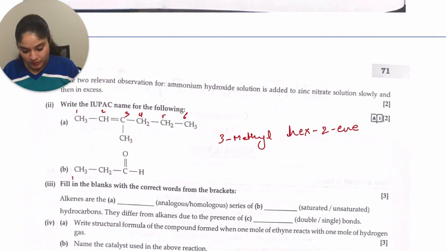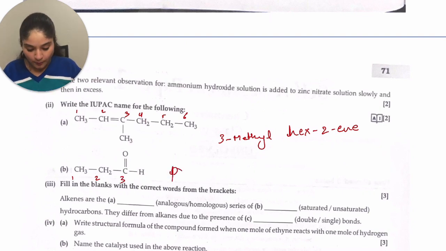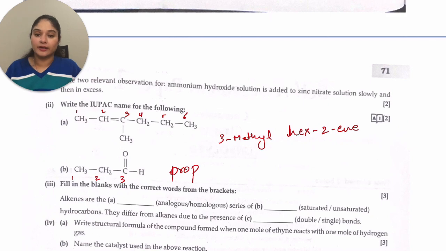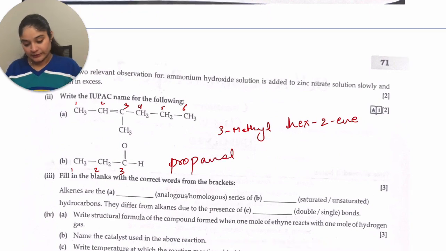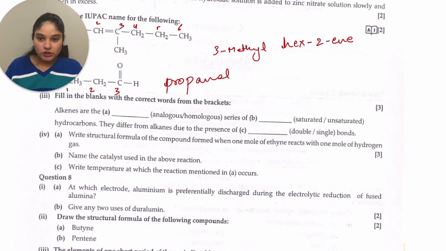So 1, 2, 3. Okay, we are talking about prop. And this is an aldehyde because we have a double bond O and an H on the corner. So this is propanal. Next is: alkenes are dash series of dash hydrocarbons.